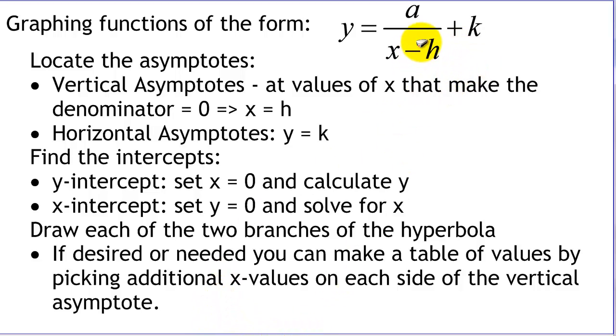As x gets larger and larger, so when we look at horizontal asymptotes, we're looking at what happens as x approaches infinity. This gets to be a very large number, so a divided by a huge number is going to be close to 0. So as we approach our horizontal asymptote, this part of the function goes to 0, so we get y equals 0 plus k, or y equals k.